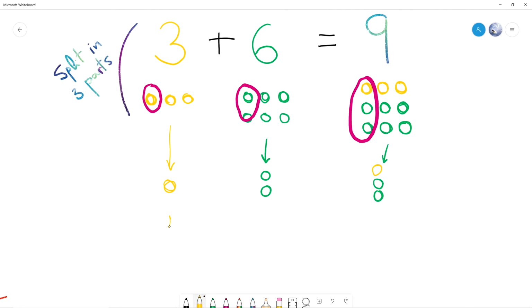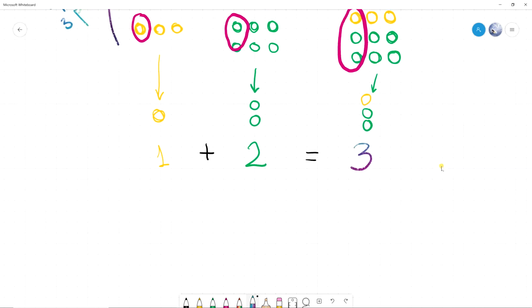I have 1 cupcake plus 2 cupcakes here in green, and then that gives me a total of 3 cupcakes. And is 1 plus 2 equals 3 true? Yes. Absolutely. Okay, let's see, using algebra, what happened here.